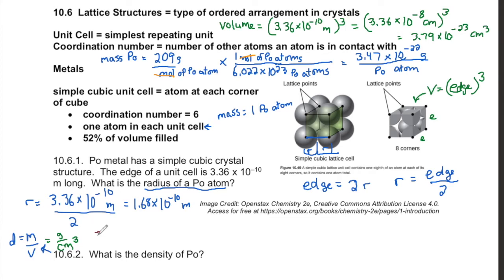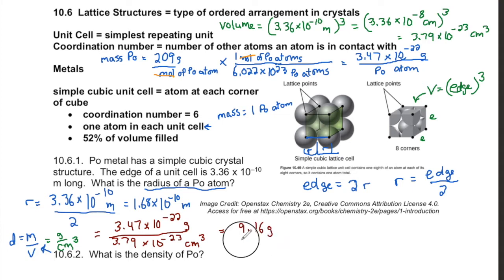So then we'll go back down here and do the density. We have a mass of 3.47 times 10 to the minus 22 grams, and we have a volume of 3.79 times 10 to the minus 23 cubic centimeters. So this comes out to be a density of 9.16 grams per cubic centimeter.